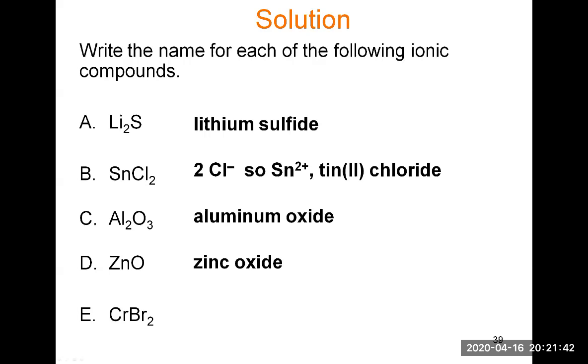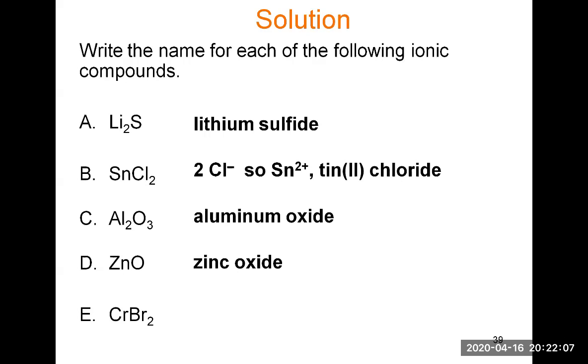Br is bromine, and bromine is in group 7A. It's a halogen, and it's a predictable ion. The halogens, having 7 valence electrons, like to gain 1 electron to have 8 around them. And so bromine becomes the bromide ion with 1 negative charge.